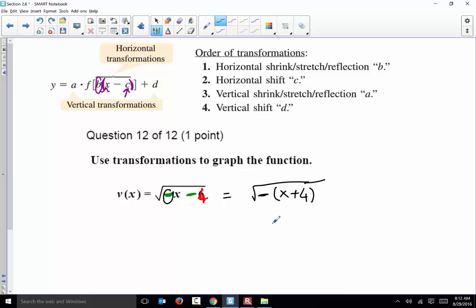Alright, anyhow, it's just a minus in this question. Okay? Now, let's identify the transformations. What do I see? Oh, I cannot remove this.